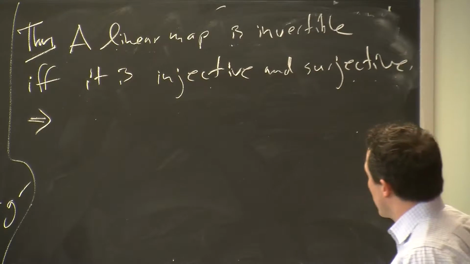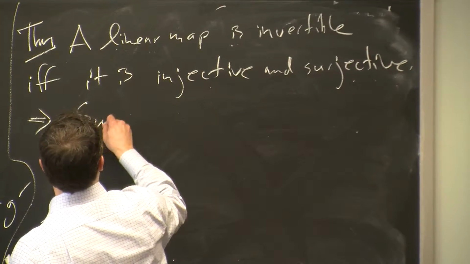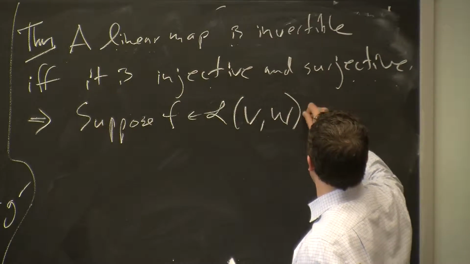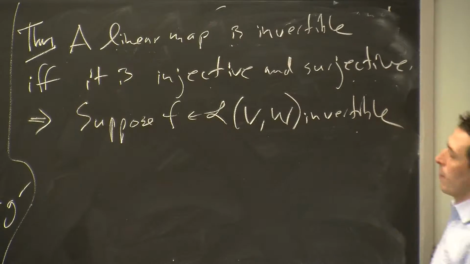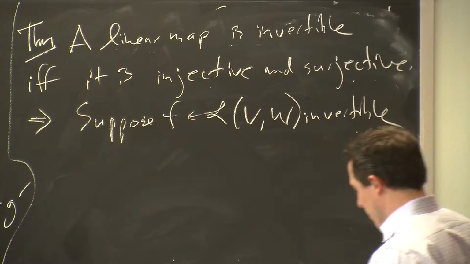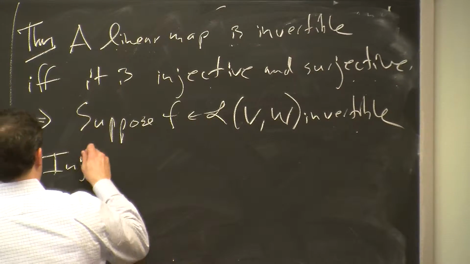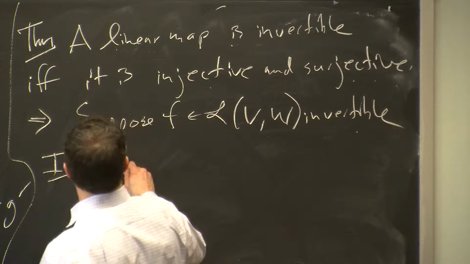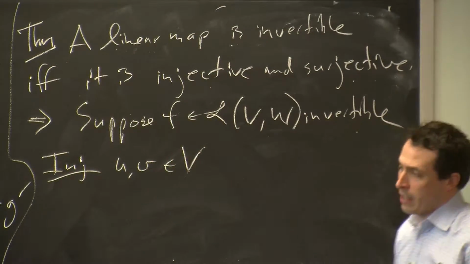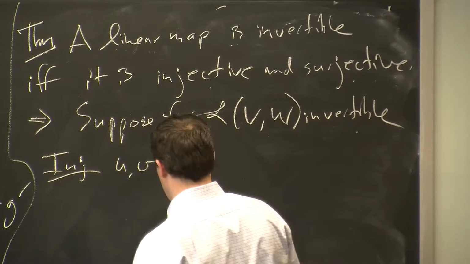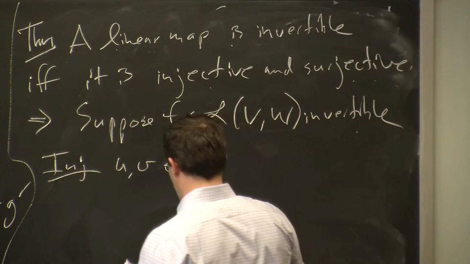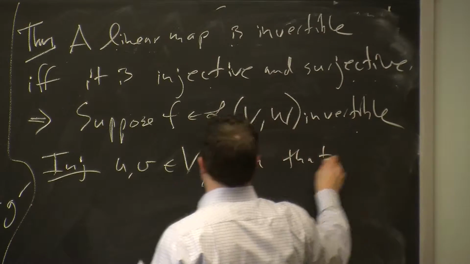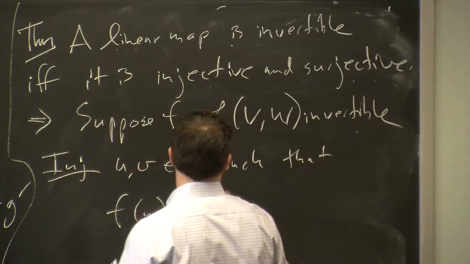So first, let's suppose that it's invertible, and we'd like to prove that it's injective and surjective. So for injective, we have basically two ways of proving something's injective. We can prove its null space is 0, or we can directly test by taking two vectors in V, applying F, and seeing whether or not they become equal. So suppose we have two vectors U and V in V such that when F is applied, they're equal.